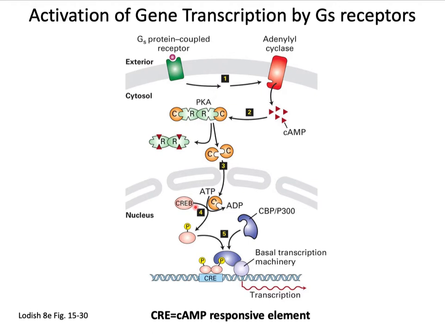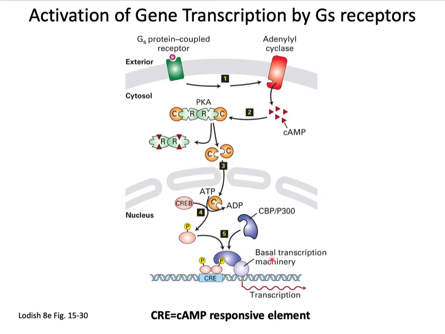The activated PKA then enters the nucleus in step 3, and it phosphorylates a protein known as CREB, or cAMP response element binding protein. So phosphorylated CREB can bind to cyclic AMP response elements in the promoters and enhancers of a wide variety of genes. And the CREB can attract a protein called CBP and P300.